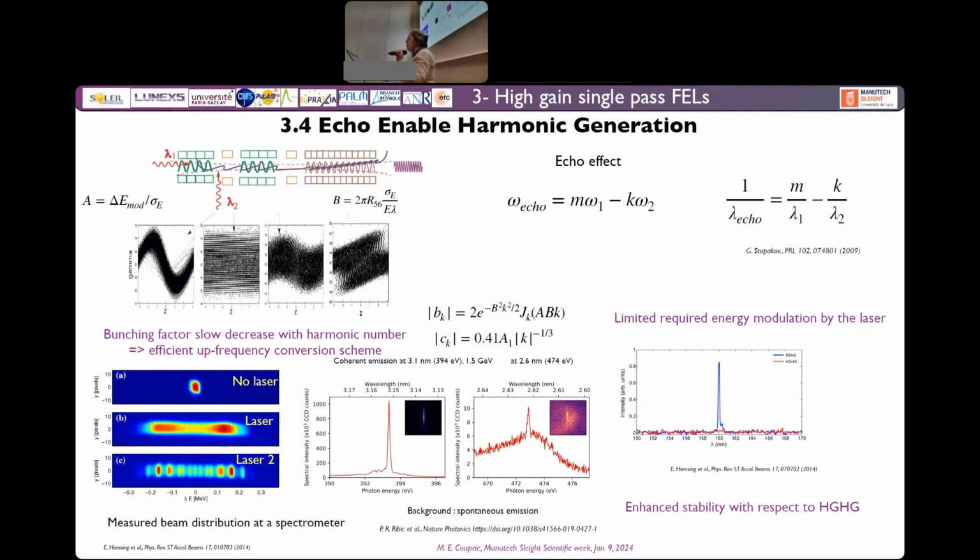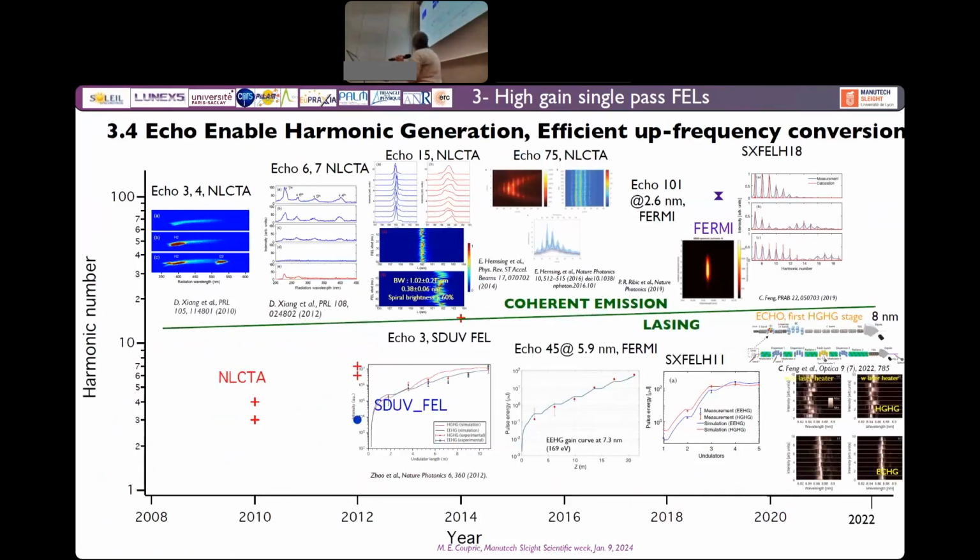First results were achieved on a test experiment at UCLA, and at NLCTA in Stanford, where they demonstrated ECHO 3 and ECHO 4. Then they could go to harmonic 15 and harmonic 75.